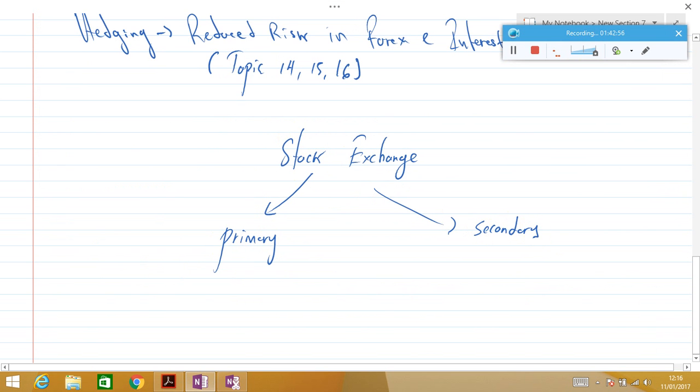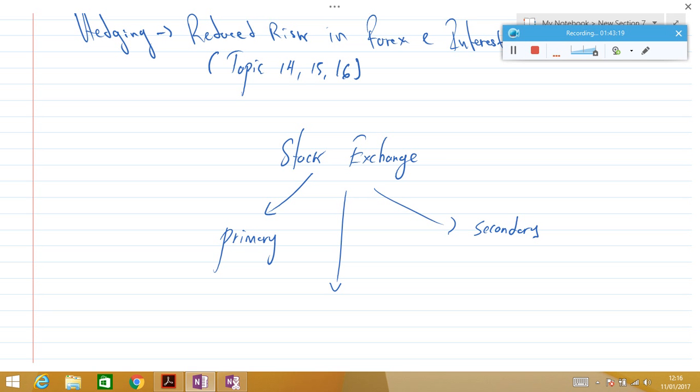Now, what is the difference between primary and secondary? When a company, for example PKT is a Berhad. Berhad doesn't mean listed.